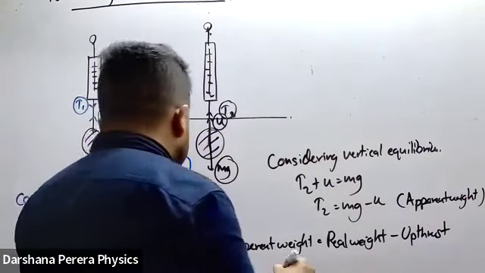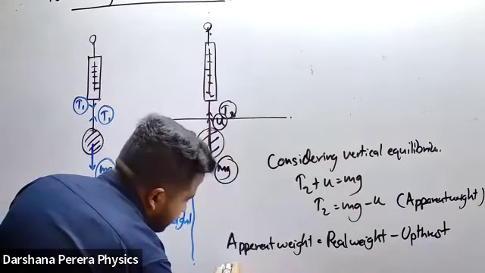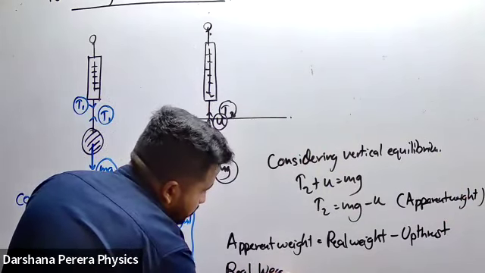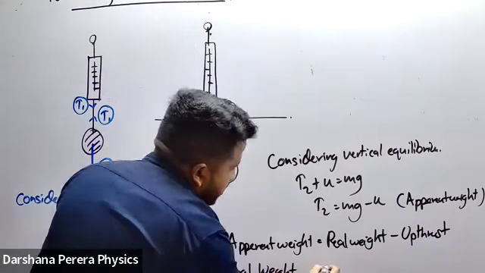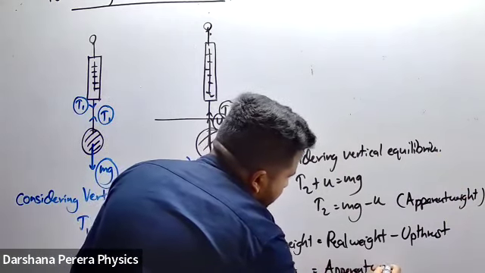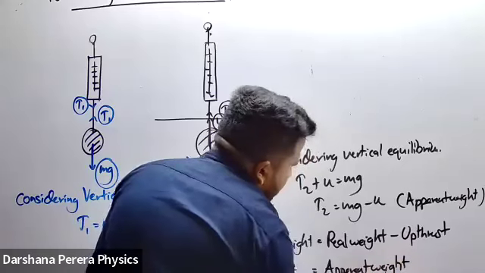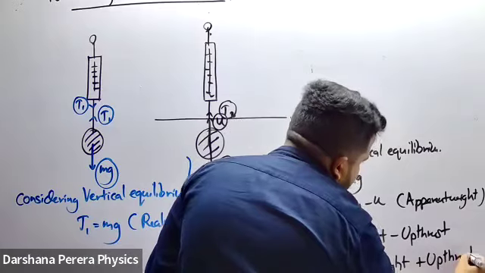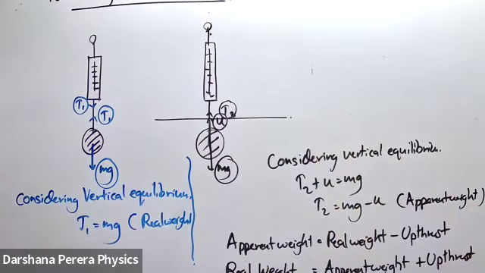Or the real weight equals apparent weight plus upthrust. Okay. Write down this case.